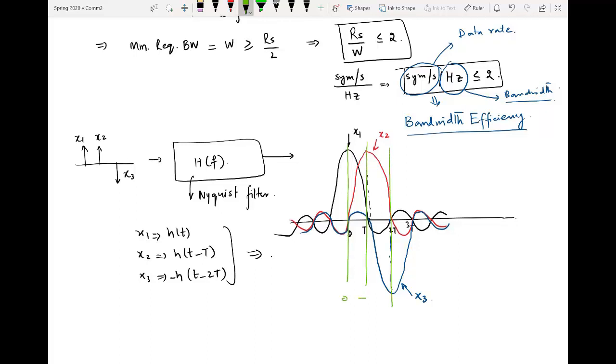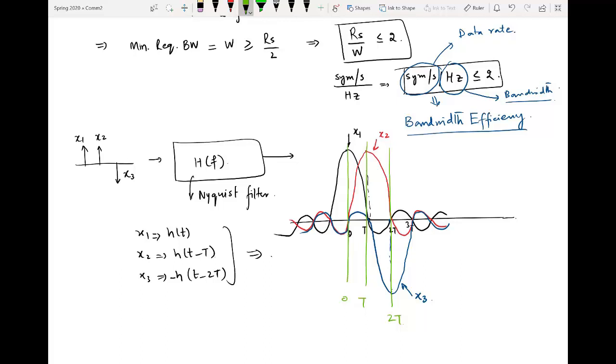So this is 0, this is T, this is 2T. Now if you see these three samples one by one, when I sample at t equal to 0, I am only getting the contribution from the black one. When I am sampling at capital T, I am only getting the contribution from the red one, which is the desired pulse. When I am sampling at 2T, I am only getting the contribution from this blue one, which is the third, desired pulse.